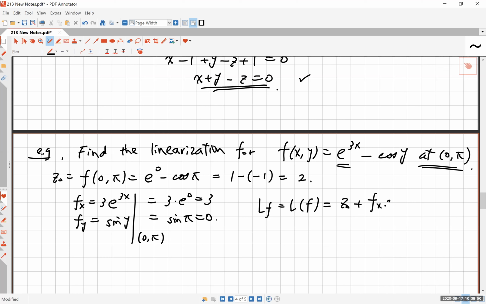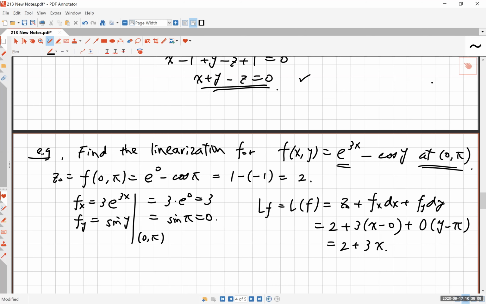It's f_x dx plus f_y dy. And so this is 2 plus 3 times x minus x naught, and then plus f_y times y minus y naught, and of course that's 0. So this is 2 plus 3x.